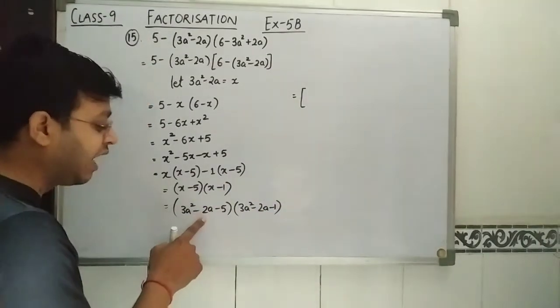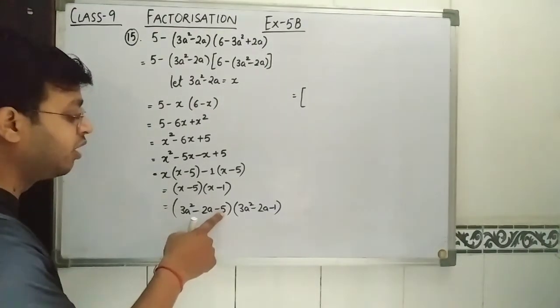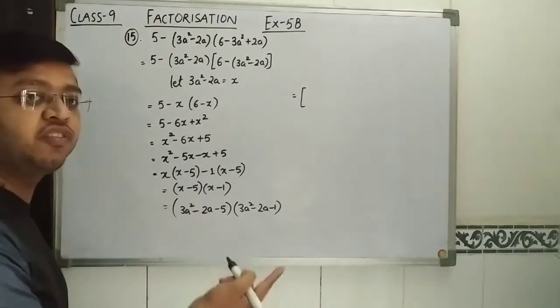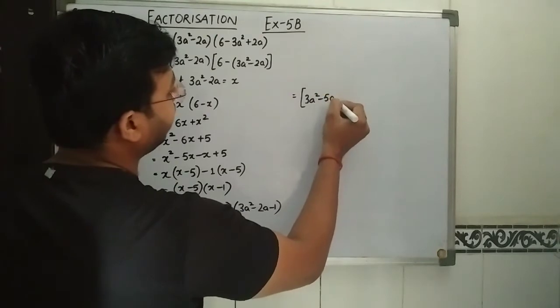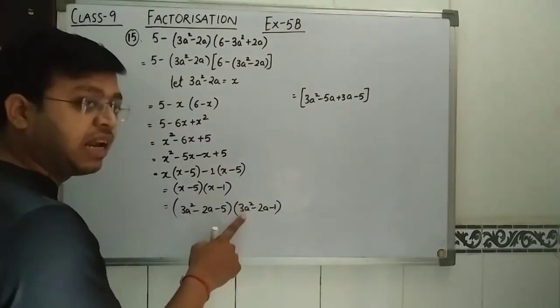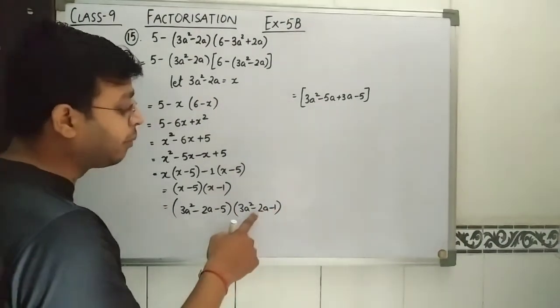In the first bracket, 3 fives are 15. We have to think of two numbers whose multiplication is 15 and whose subtraction is 2. So 5 and 3. So 3a square minus 5a plus 3a minus 5. In the second bracket, two numbers whose multiplication is 3 and whose subtraction is 2.